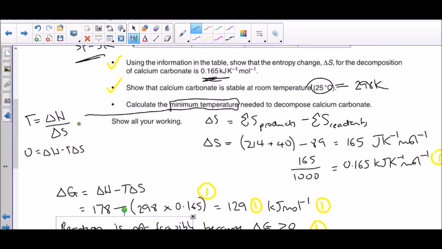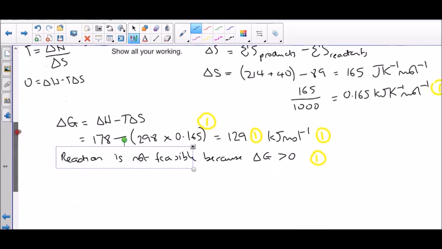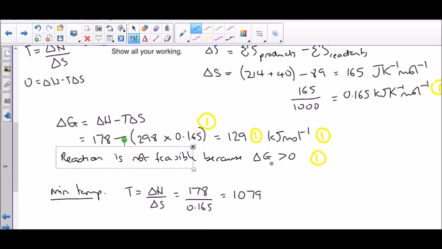I would suggest just learning this, and whenever you see minimum temperature, you know that you're using that equation. So let's go down here. Again, I'm going to label what I'm doing. So delta H was 178, delta S was 0.165, and that gives me an answer of 1079.